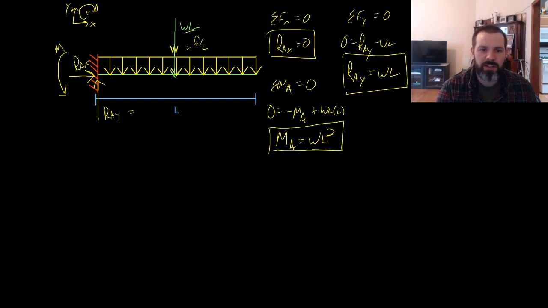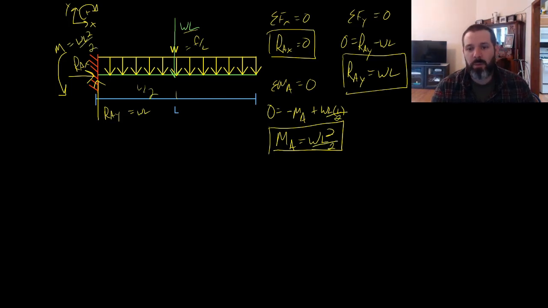So RAY is WL. M is equal to WL squared, but it's not actually WL squared. I'm sorry. It will be WL, which is applied at L over 2. So this should be WL times L divided by 2. So this will be WL squared over 2.